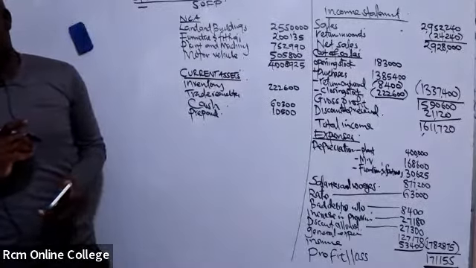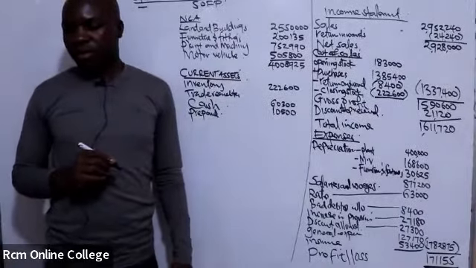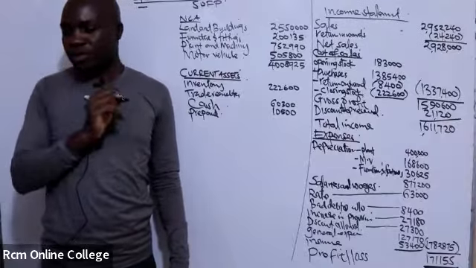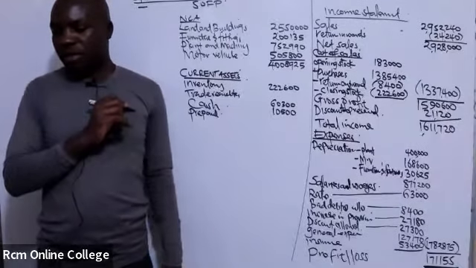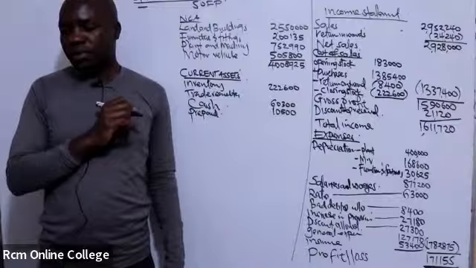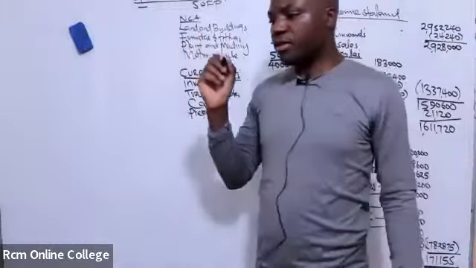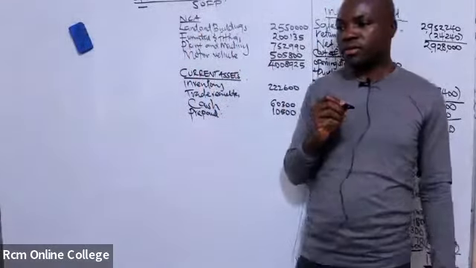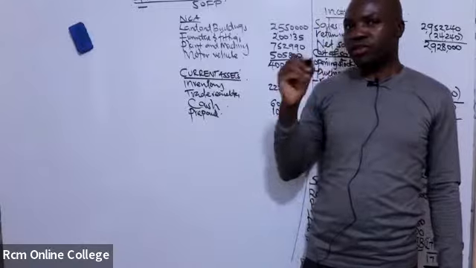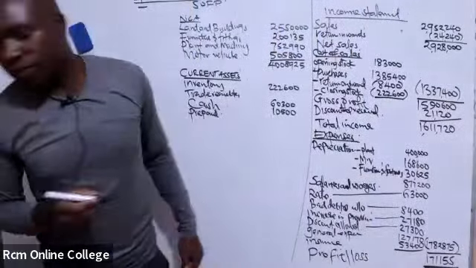How much was it? Somebody should extract it from the workings. Our net trade receivables was somewhere in our workings. 516,420.